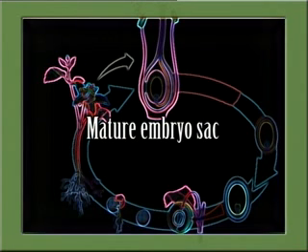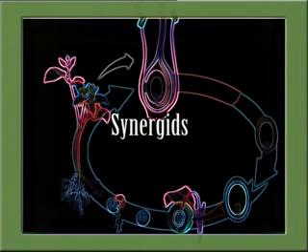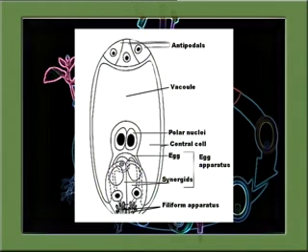Now the mature embryo sac. The structure and possible function of various components of a mature embryo sac are as under. Synergids. The synergids are elongated cells present at the micropylar end of the embryo sac. A prominent structure called filiform apparatus is present at the micropylar end of the synergids.